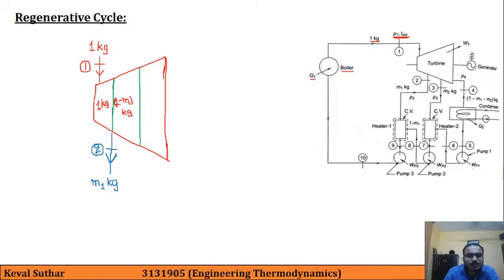Okay, so here in this portion only 1 minus m1 kg is passing through, and after that here if you see in this figure, we are again taking some quantity of steam, that is, let's say that we are taking out m2 kg.